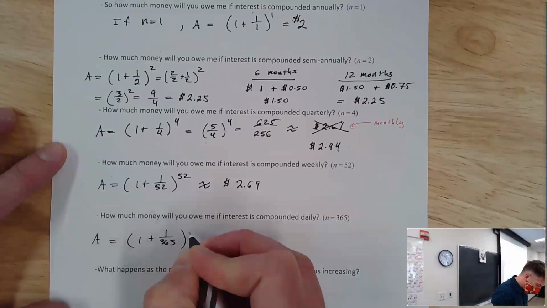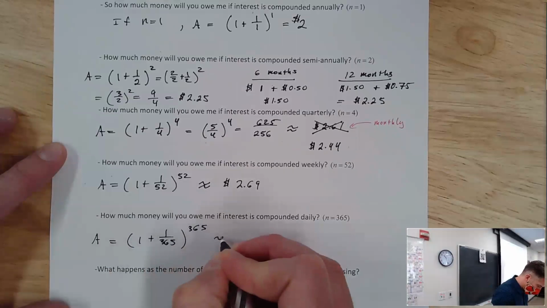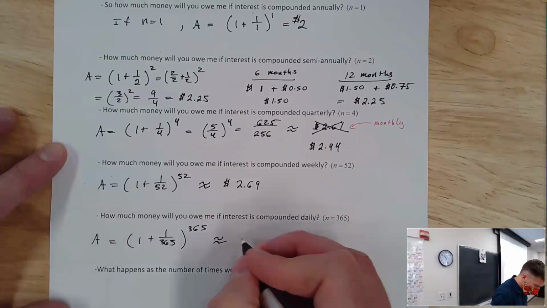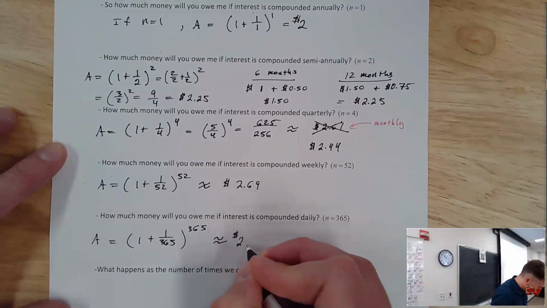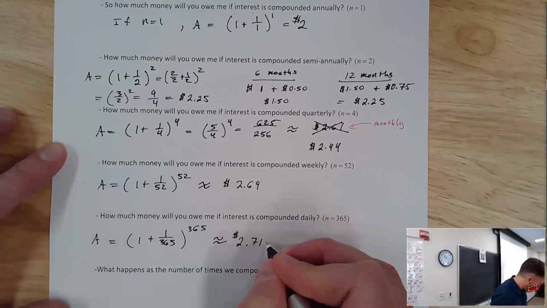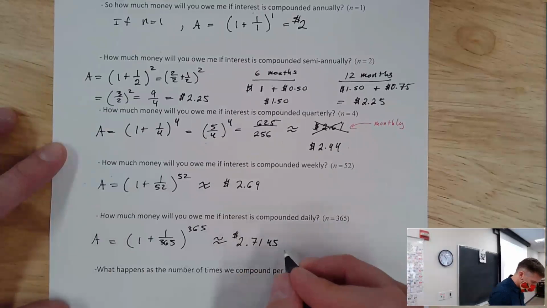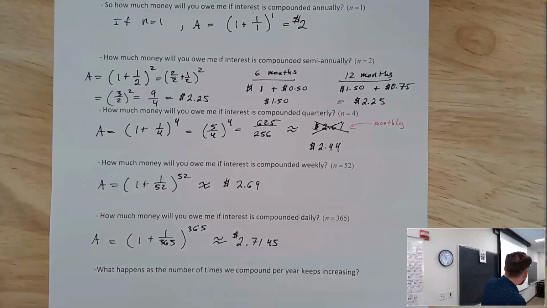Well, it's going to be approximately $2.71. I'm going to go a little further, 71 cents, 45 hundredths of a cent. It looks like it might be hitting a barrier, right? I will tell you, if you compute it minutely, every minute, you get $2.71.82 cents. And doing it every minute versus every day is not a big jump.